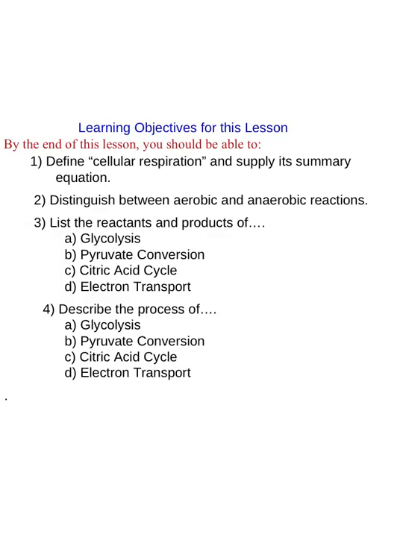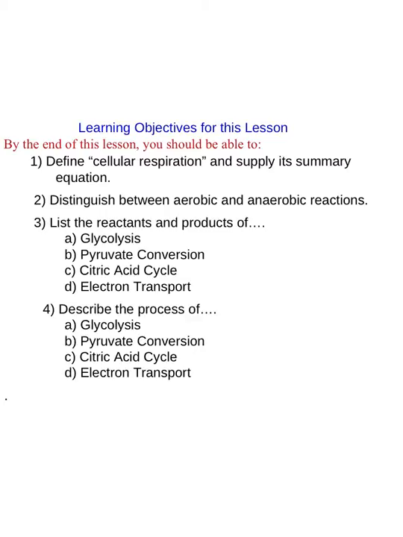All right, our learning objectives for this lesson are as follows. Much like our previous lesson on photosynthesis, you should be able to define the process of cellular respiration and supply its summary equation. You need to be able to distinguish between aerobic and anaerobic chemical reactions and break down the process of cellular respiration into its component parts.